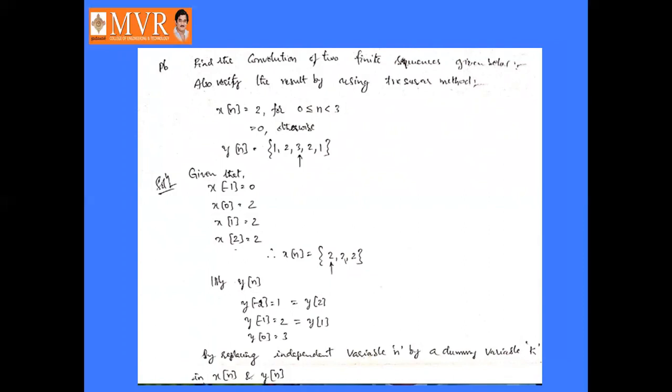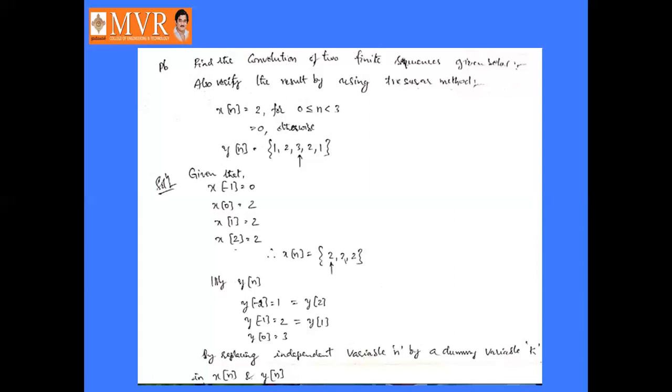So x(n) can be written like this: x(minus 1) is 0, x(0) is 2, x(1) is 2, x(2) is also 2. So x(n) can be written with x(0), x(1), and x(2) components. So y(n) is y(minus 2) is 1, y(minus 1) is 2, y(0) is 3, y(1) is 2, y(2) is 1.